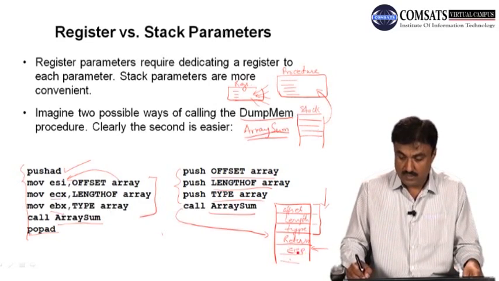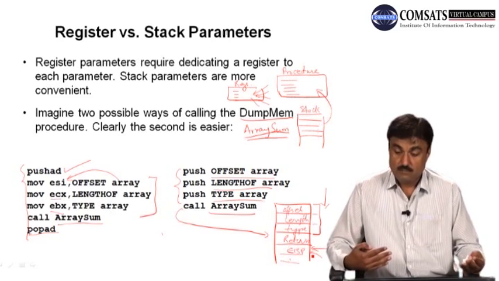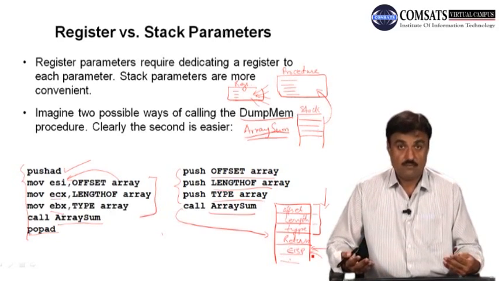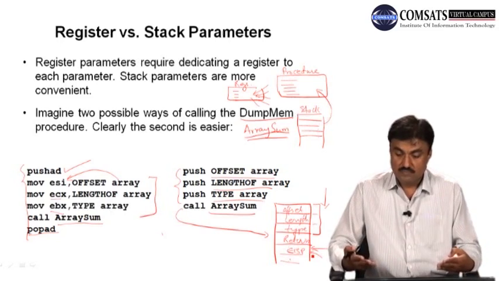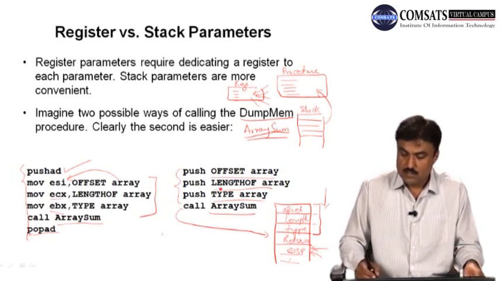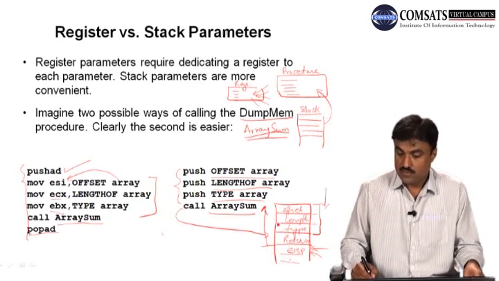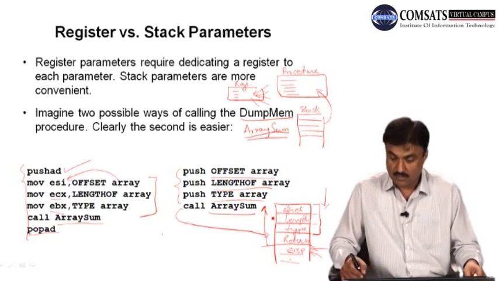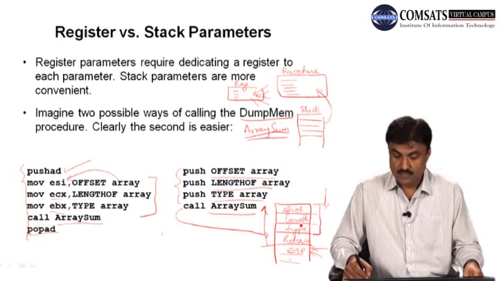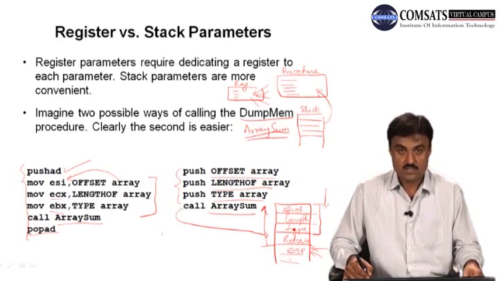First we store EBP here, and then we use the stack pointer value at this point, which is stored in EBP. Inside this EBP, if we add 8, 12, 16, and so on, according to the length and the type, whether it is 32-bit, 8-bit or 16-bit, we can access all these three parameters.